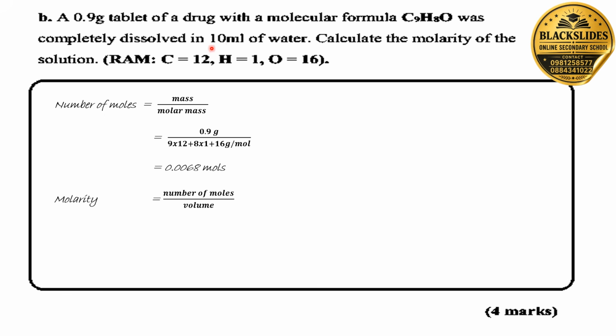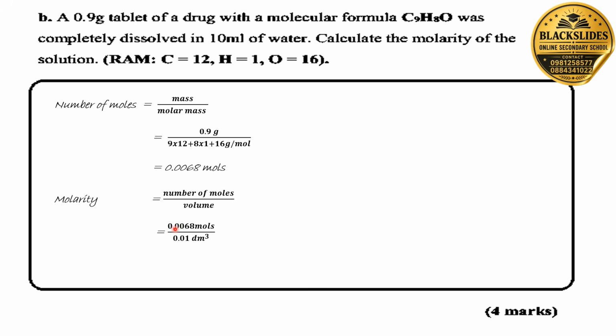So you need to convert 10 mL of water to cubic decimeters by simply dividing this by 1000. So just bring this number of moles down here, that's 0.0068 moles, and divide by the volume. The volume is 10 mL. So 10 mL divided by 1000 will give you 0.01 cubic decimeters.